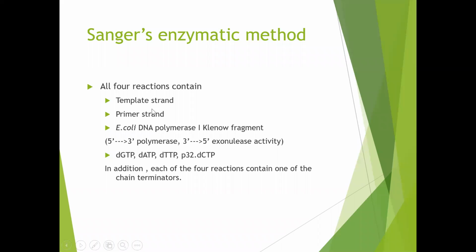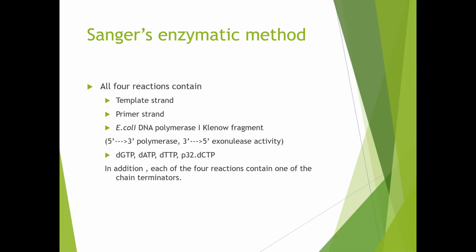Since it does not have any 5' to 3' exonuclease activity, the 5' ends of these generated fragments remain the same. Otherwise, the primer 5' end, the primer sequence, would have got degraded by this 5' to 3' exonuclease activity of polymerase 1, and then the whole principle of this technique doesn't work.